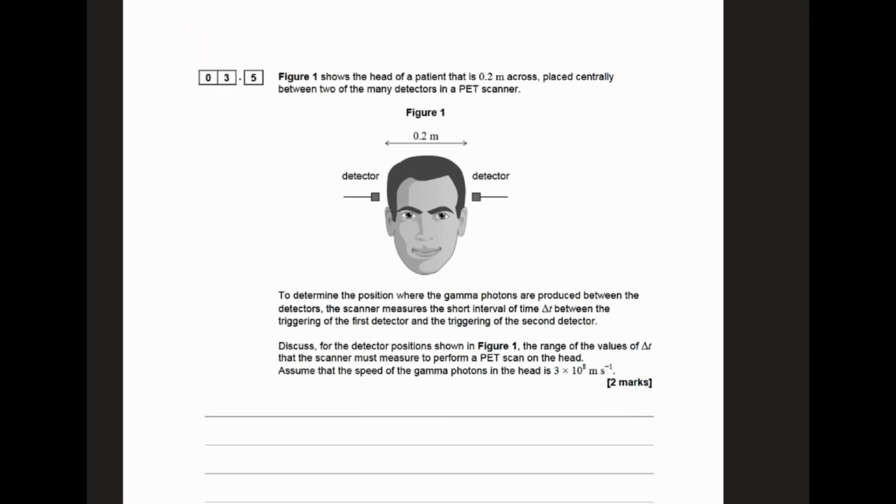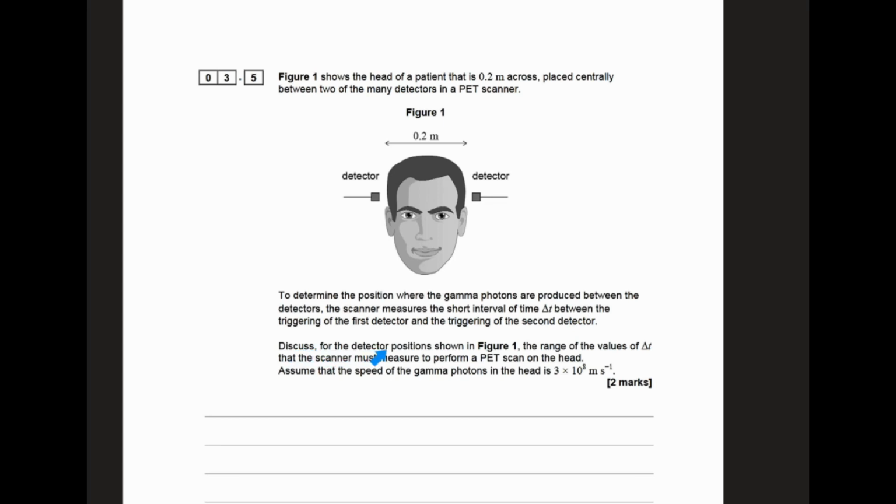Figure 1 shows the head of a patient that is 0.2 meter across, placed centrally between 2 of the many detectors in a PET scanner. To determine the position where the gamma photons are produced, between the detectors, the scanner measures the short interval of time delta t between the triggering of the first detector and the triggering of the second detector.